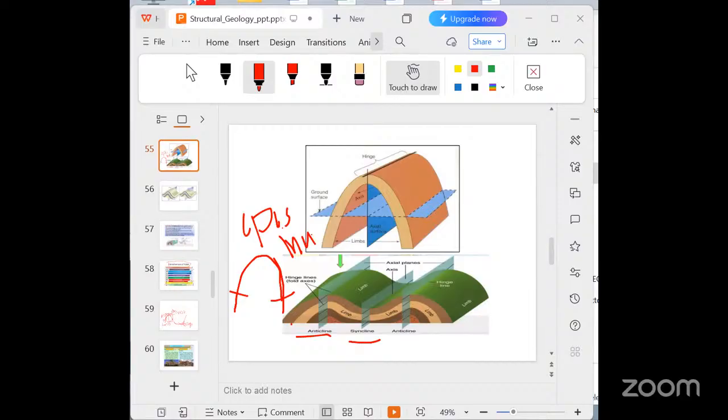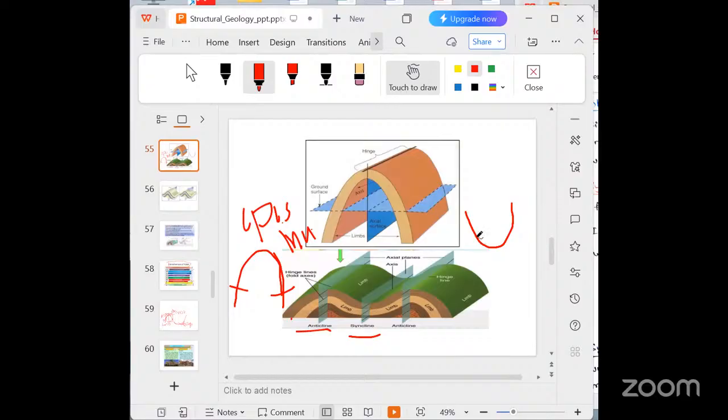And syncline, this one, is called syncline. Syncline is a convex downward fold, while this is an upward fold. It may be defined as a fold that has younger rocks in the center. So in the anticline, older rocks are in the center, remember. Here, younger rocks.